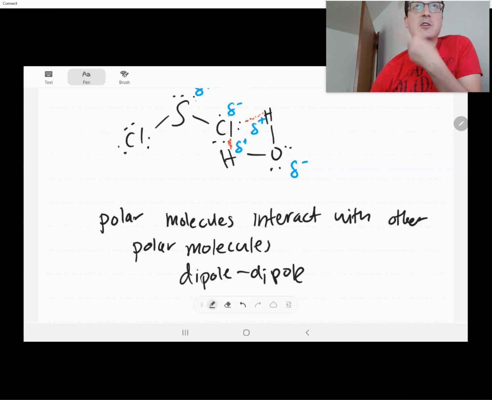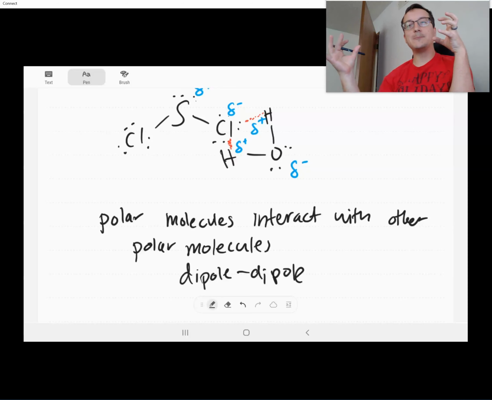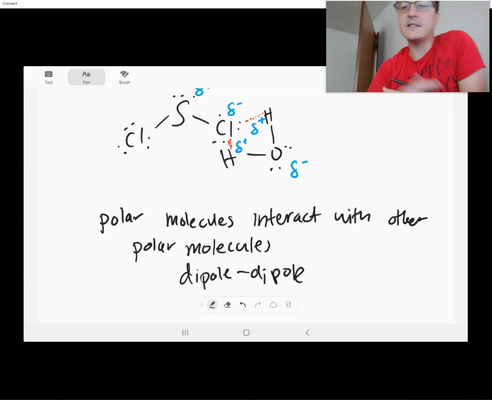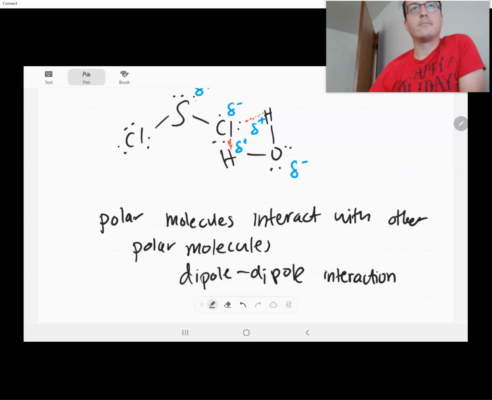So remember, two poles, kind of ends. So we have a positive end and a negative end. And those are going to be attracted to other positives and other negatives that are kind of floating around there. Okay, does that kind of make sense?